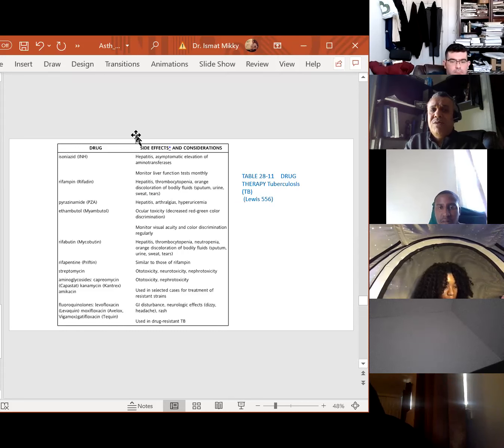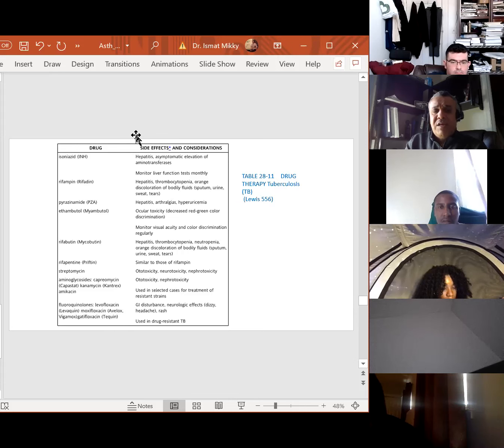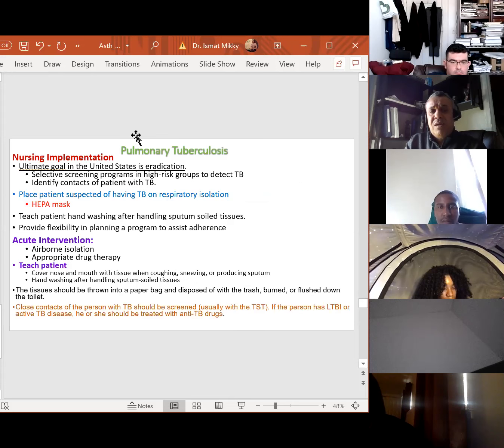These are the 4 most important meds, because when we say TB protocol in terms of medications, that will be the 4 medications. Make sure that you know the side effect of each one, because each one has a side effect, and we know how to address it or counteract the side effect. So the 4 drugs, the side effect of each one, and nursing implications for the drugs.